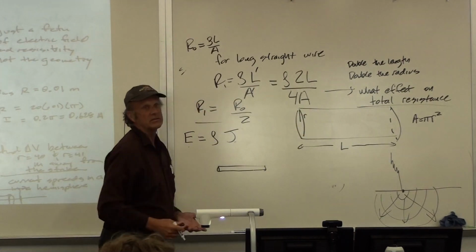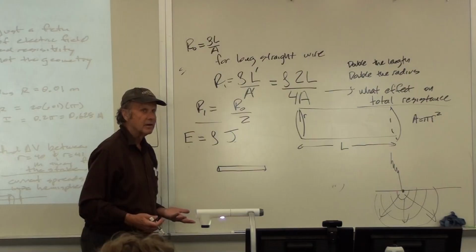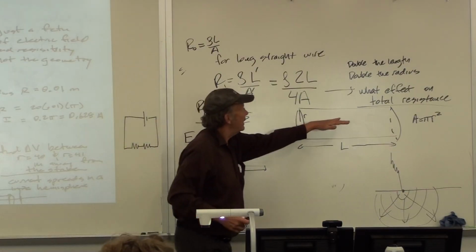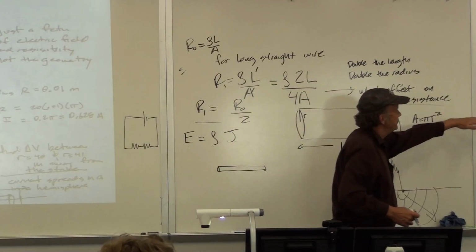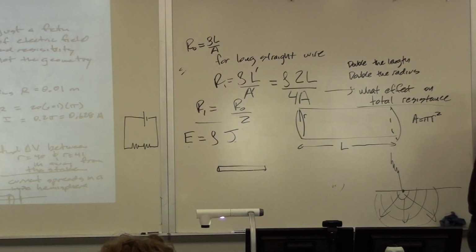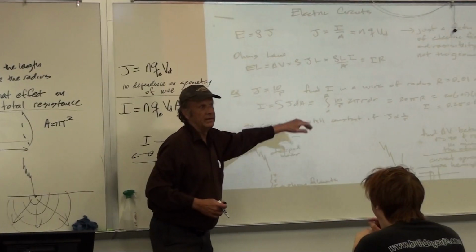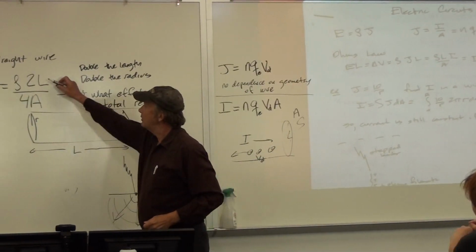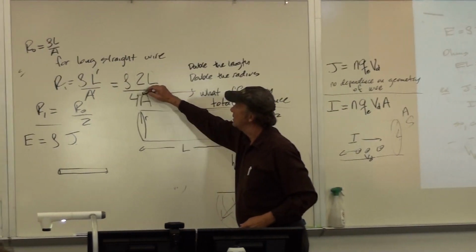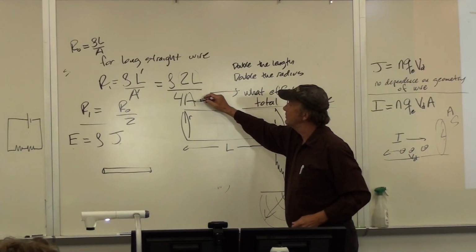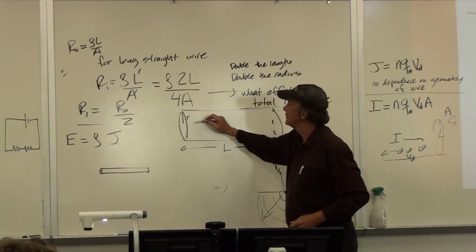We made the resistance 4 times smaller. But then we had twice as many obstacles to run through because we had twice the length. So you have double the length, but the resistance of the wire is only 1/4 as much.